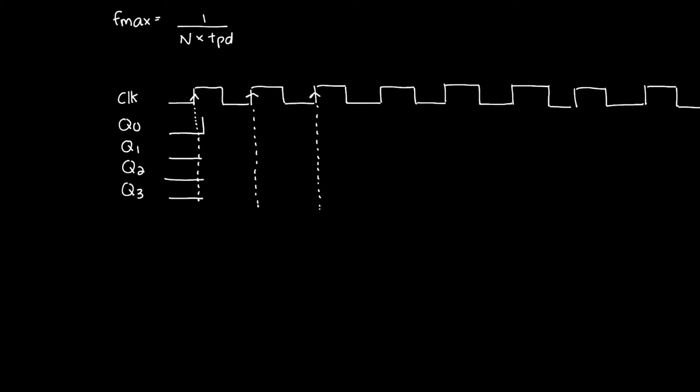In actual fact, these are going to stay 0, but Q0 is going to go high. And then at some point later, it'll go low over here. It'll go high again. Q1 is going to stay low until here, and then it's going to toggle. And this is also going to stay low. And this is also going to stay low.